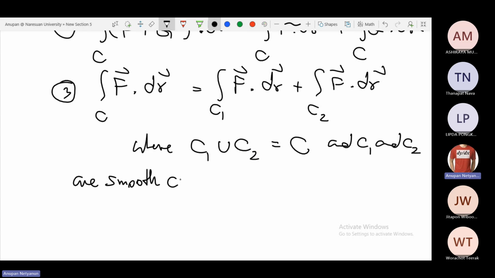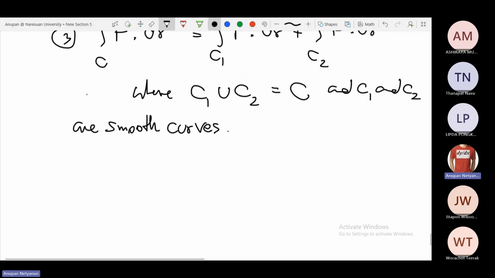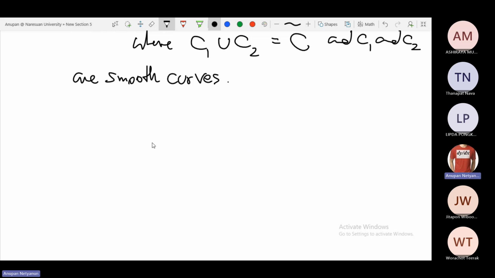without any corners. The usefulness of this is as follows. Suppose I have a curve C that has a corner here. All of this is the curve C, but it consists of the first piece, C1, and C2. Instead of doing the integral at once on the curve C, you can separate it: do the integral on this curve C1 first, and then add it to the integral on this curve.